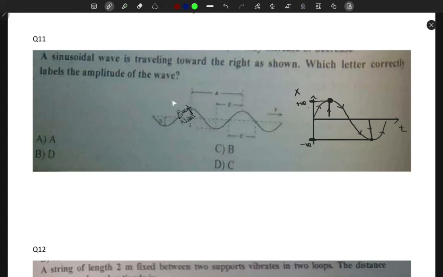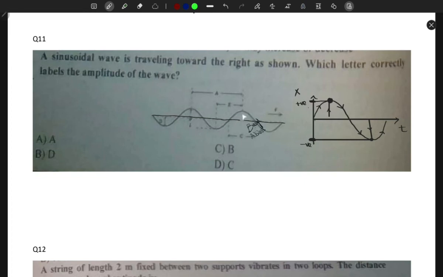So in this figure, which line is the amplitude of this wave? Note that this wave is traveling over this line, right? So just one second. So it's traveling over this line really. And so the amplitude should be something that is from here to here.